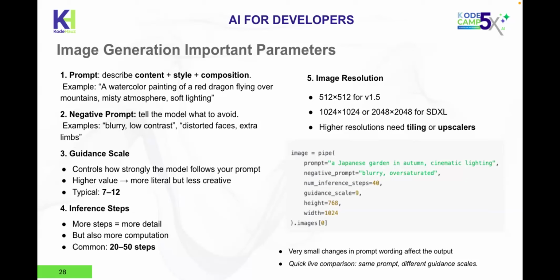So higher resolutions need tiling or upscalers. What this means basically is above this 2048 by 2048, if you want much more resolution, tiling means you are essentially generating smaller sections of the image at a time. Smaller sections or tiles, what we call tiles. And tiling is a bit complicated because it has to know where it stopped and where it continues to avoid discontinuity at the point of joining the tiles, right?